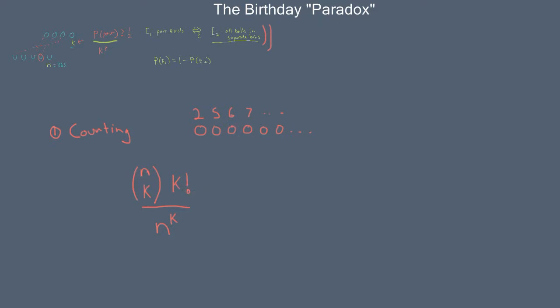So this expression counts E2. And so the probability that at least one pair exists is simply given by this expression.